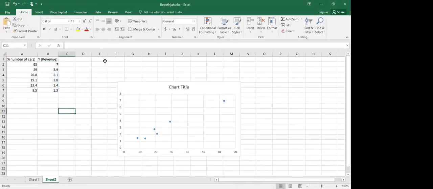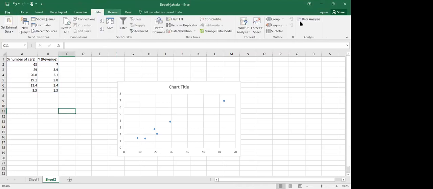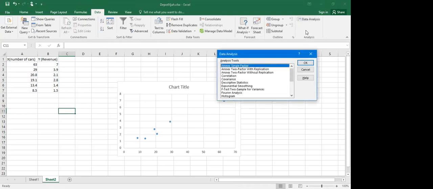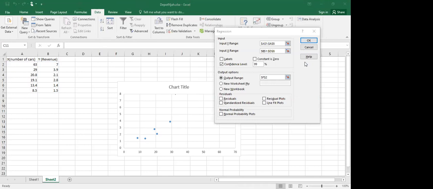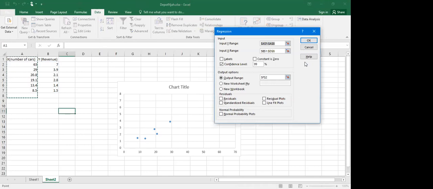To find the correlation coefficient, you go to Excel and choose Data, then Data Analysis. We are going to look for regression. This is regression. And we are going to have the information that we need. The input Y is the dependent variable, and the input X is the independent variable.